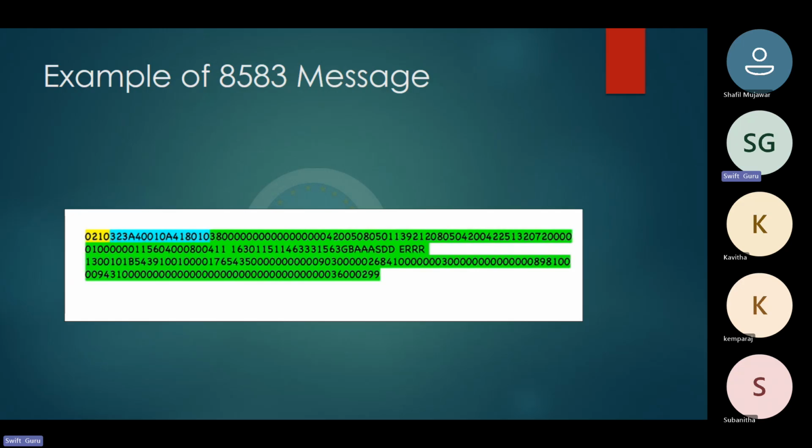Looking at this sample message, unless you have worked with it or have a document where you can find out what exactly each part of the line means, you won't understand it. So there will be a message standard handbook or guideline document available from whoever is facilitating these messages.